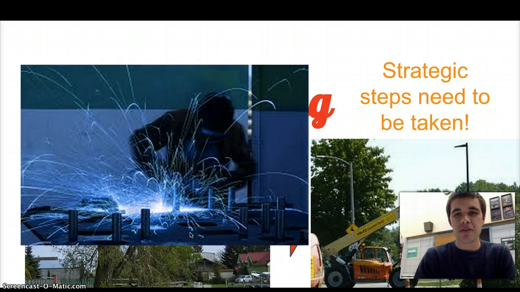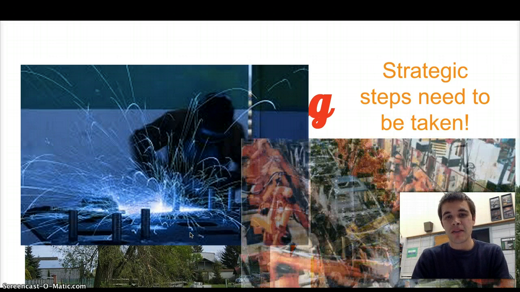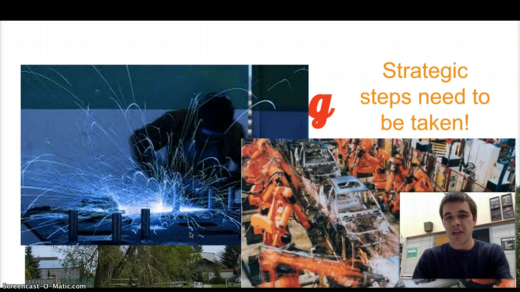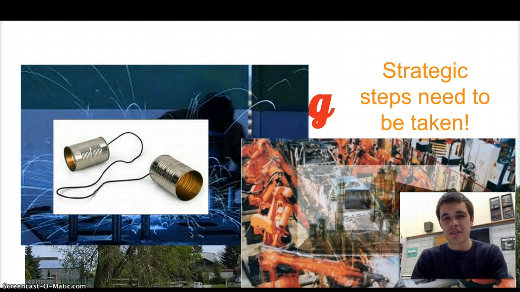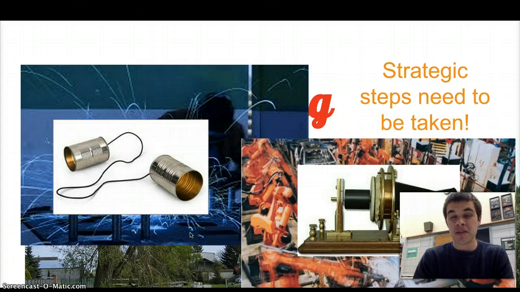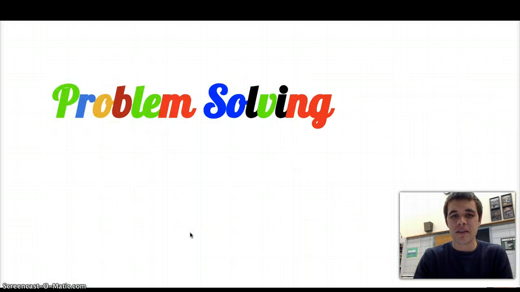Just like the welder went from him welding by hand to the robots, there are steps that were taken. And from the cans to the telephone, there are steps that were taken, even years of working and different people working. It just didn't happen overnight or with the first idea.